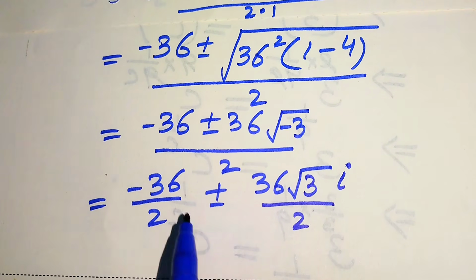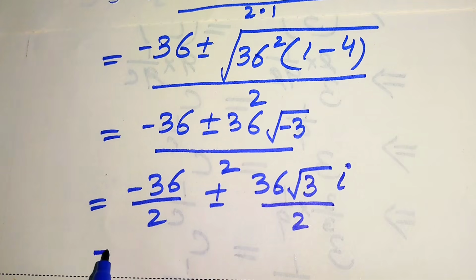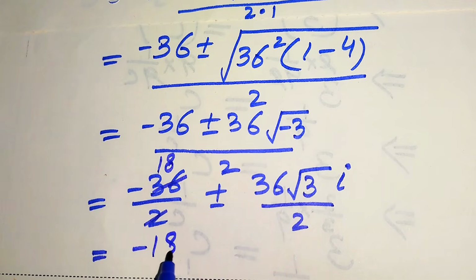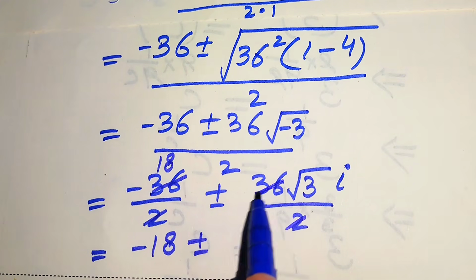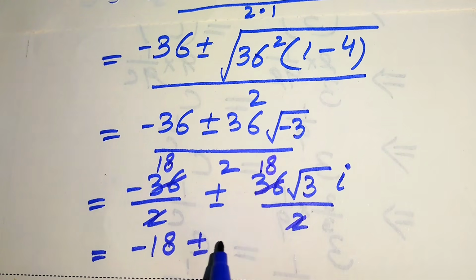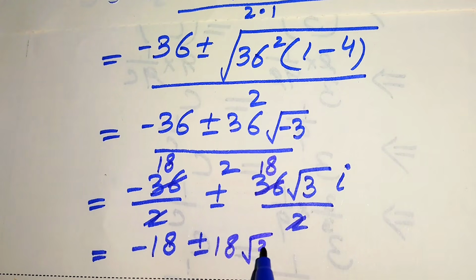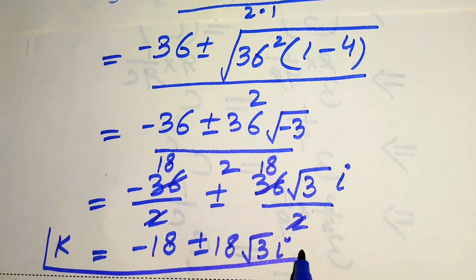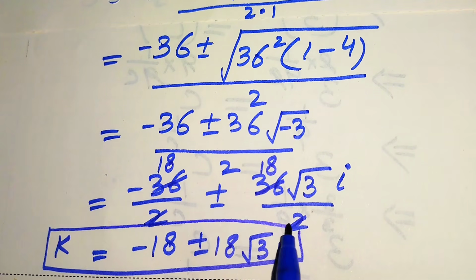Cancelling these terms, we get minus 18 plus or minus 18 times the square root of 3 times iota. These are the other two values of k, and these are the two complex roots.